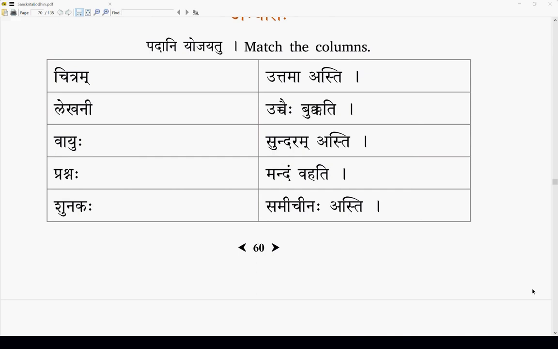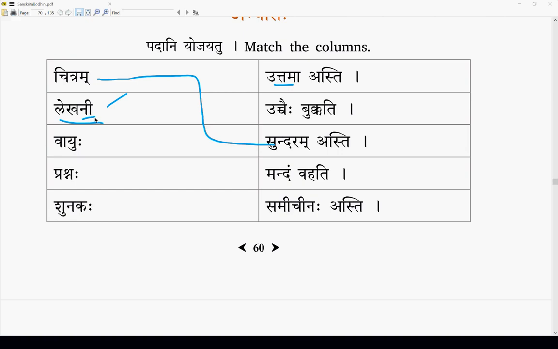We can't say Uttamam because there is no Uttamam here. Uttama is Strilingam, so it doesn't go with Chitram. Sundaram asti. Now Lekhani. Uttama asti, because this is Strilingam, so we look at the Strilinga visheshanam, Uttama.